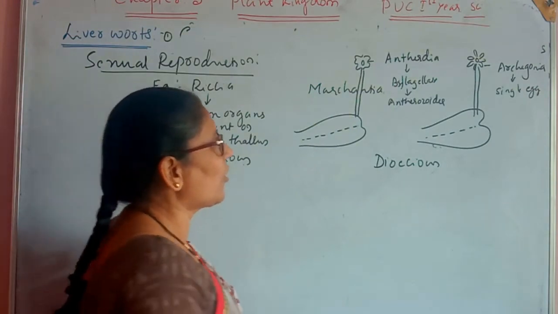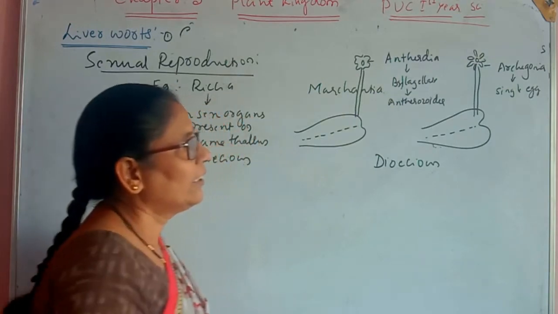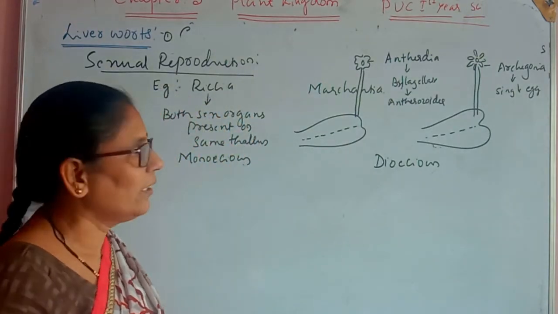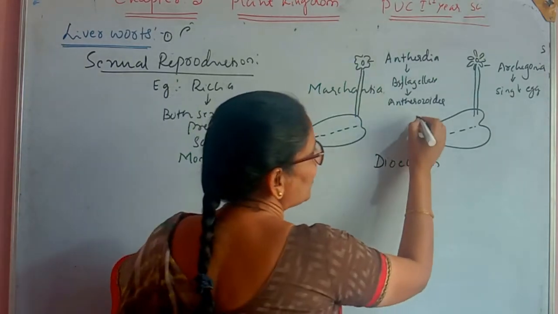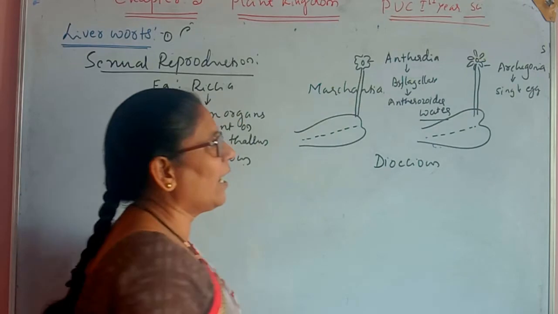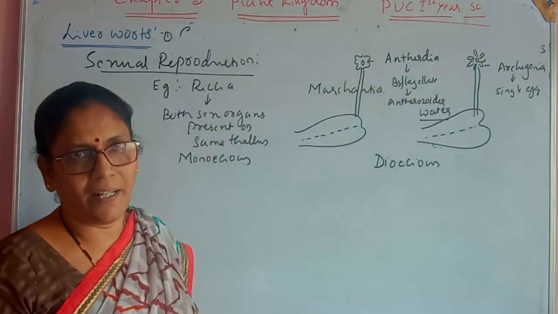These antherozoids have to reach the egg present within the archegonia, and here water acts as a medium to transport the antherozoids towards the egg.